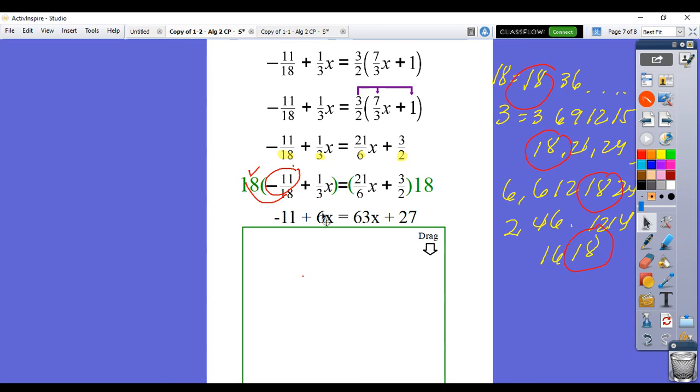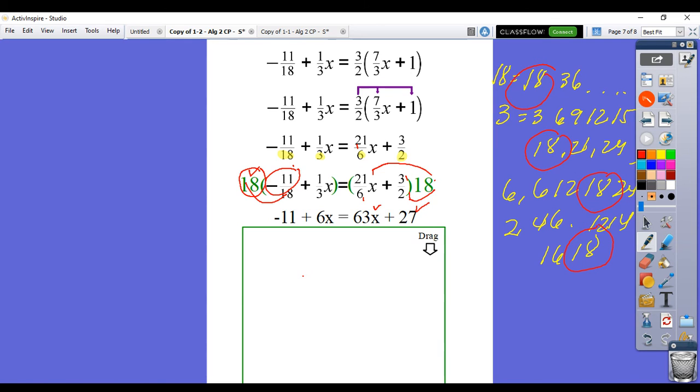And then to get the 6x here, I am going to multiply 18 by 1 third, or divide 18 by 3 is 6 times 1 is 6x. Same thing here, 18 divided by 6 is 3. 3 times 21 is going to be 63x. And 18 divided by 2 is 9. 9 times 3 is 27.